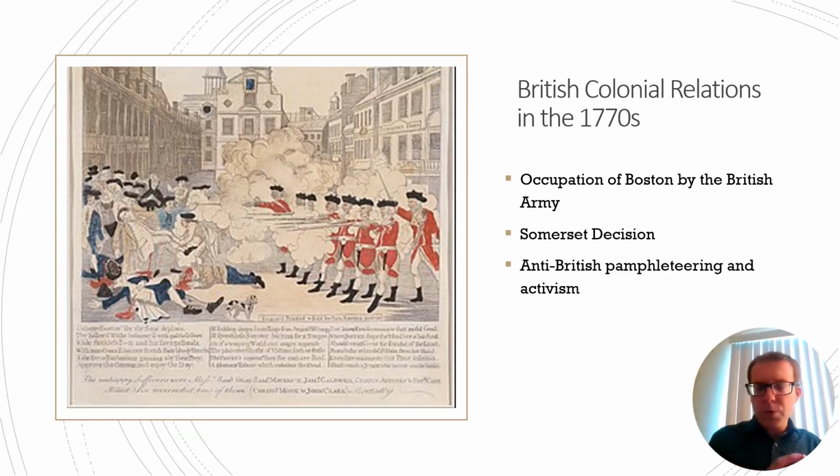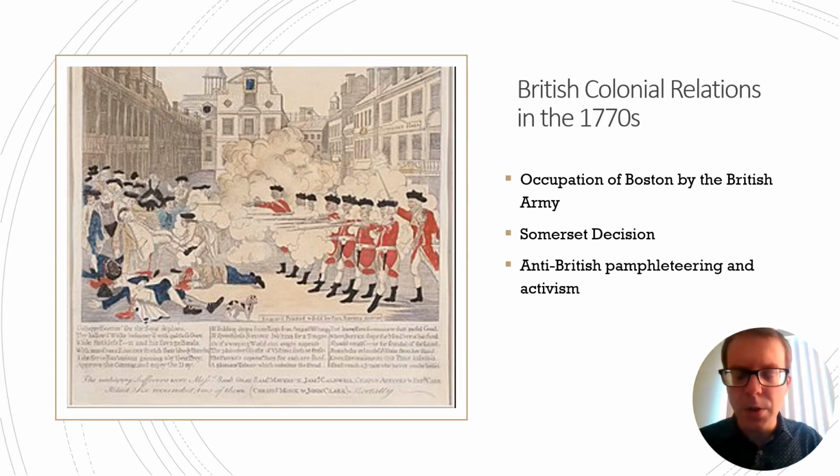But a few other important things happen that increase tension in other American colonies as well. Around 1772, there is a man by the name of James Somerset who is enslaved in North America, and his enslaver takes him to Britain essentially as a servant.